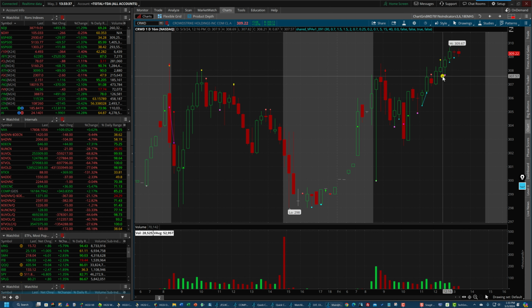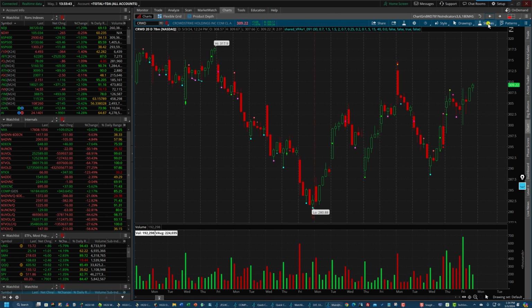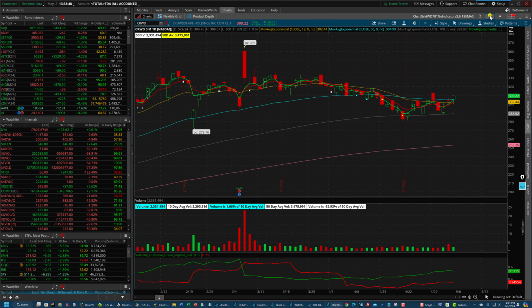Each of these represents 16 minutes. You can see it pulled back and it's moving up. I'm going to move over to a 78-minute chart. And then here is the daily chart. You can see the 3 went up through the 6. And got some resistance here.